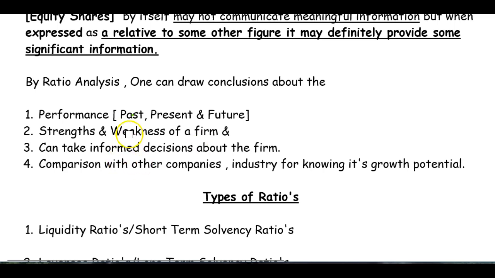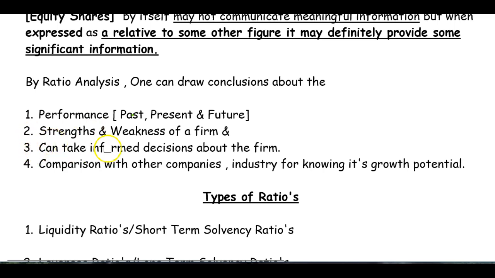So this is the weakness of a firm. And what's the strength? When earning per share is high, there is a high potential for this company to grow further and pay off the debt whenever it is due. So there is no reason why this company may go into crisis.